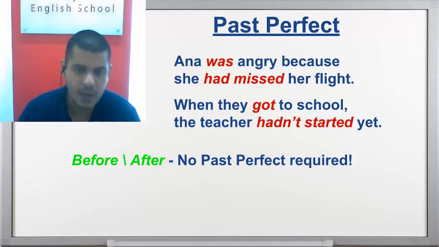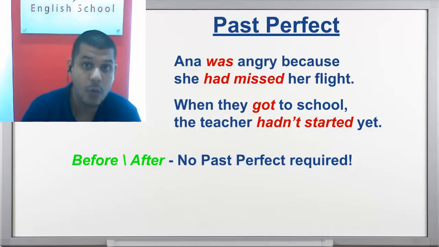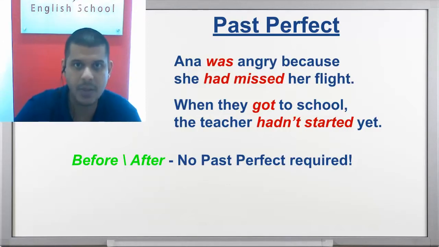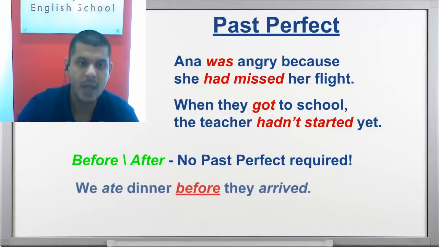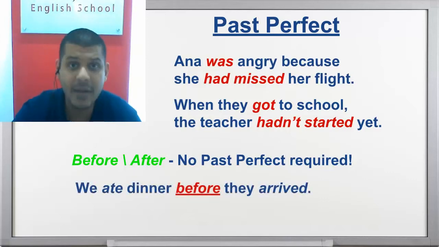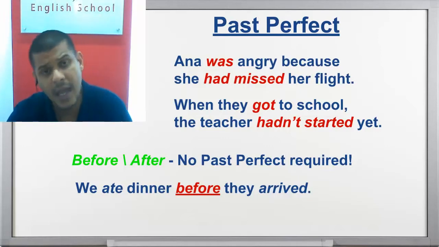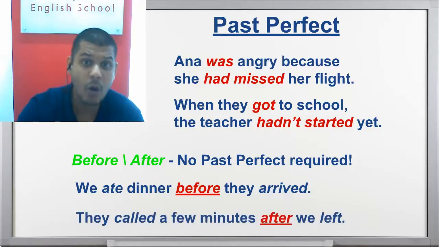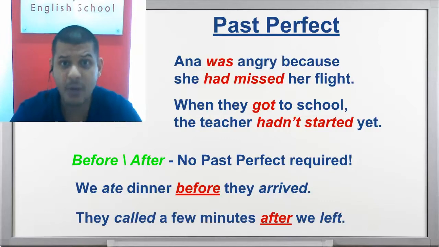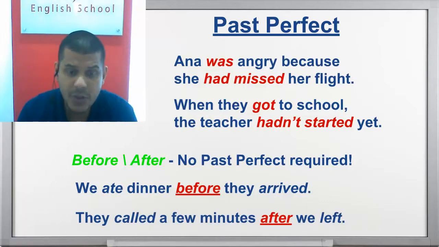So, let's take a look at the examples I have here, and then you'll understand better what I'm talking about, right? So, pay attention to this. We ate dinner before they arrived, right? And the other one I have is, they called a few minutes after we left. So, in these two sentences I'm using before and after.